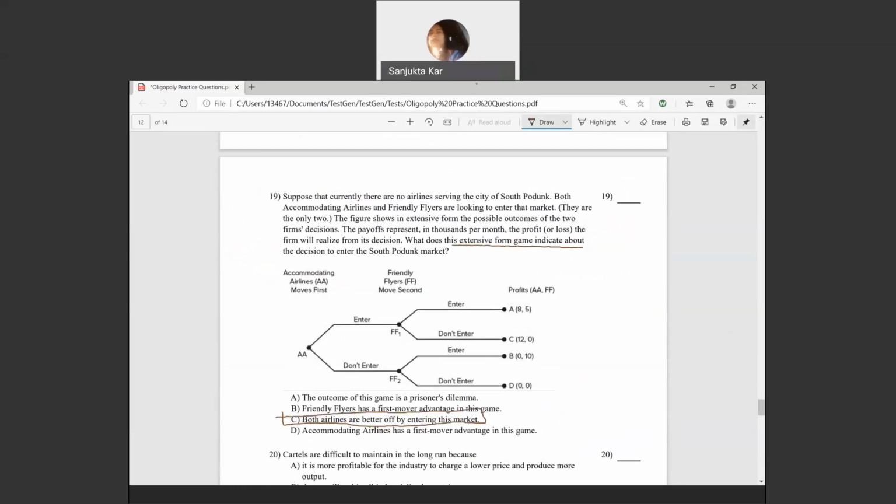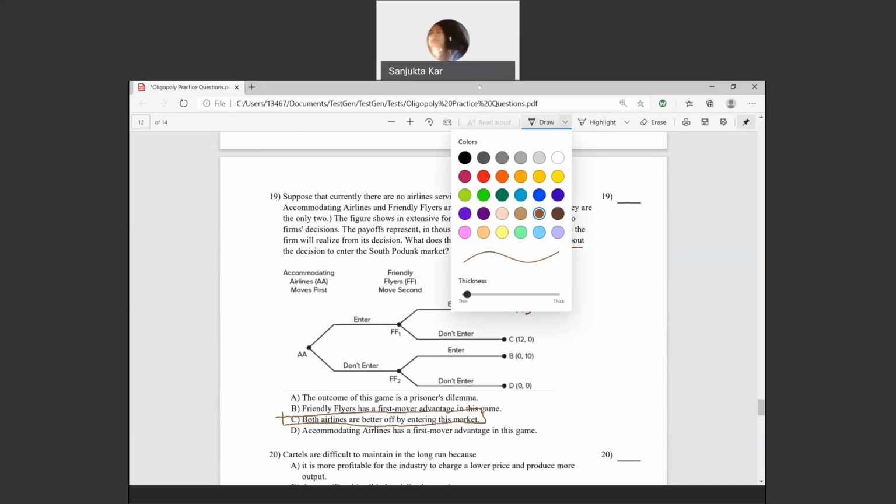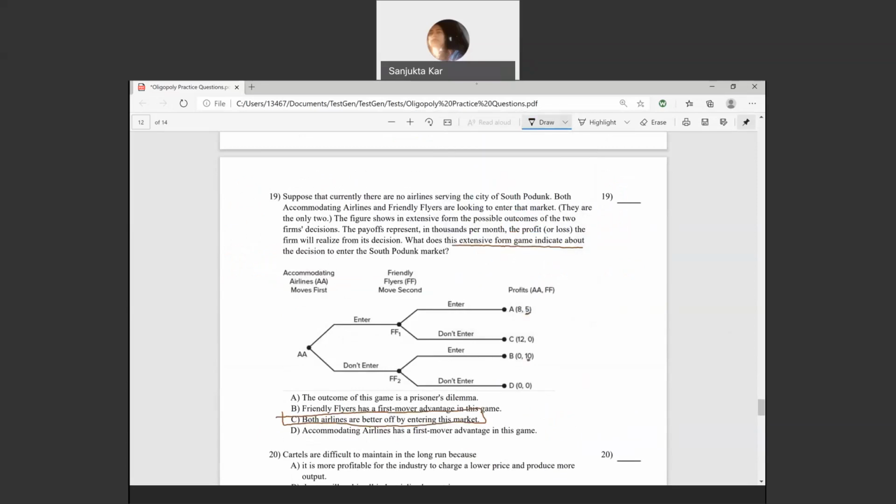You can just solve it very fast. 5 is greater than 0, 10 is greater than 0. Then next you are comparing 8 and 0 here. Solution from the first subgame, solution from the second subgame. Because A is greater than 0, A is the solution to this extensive form game.